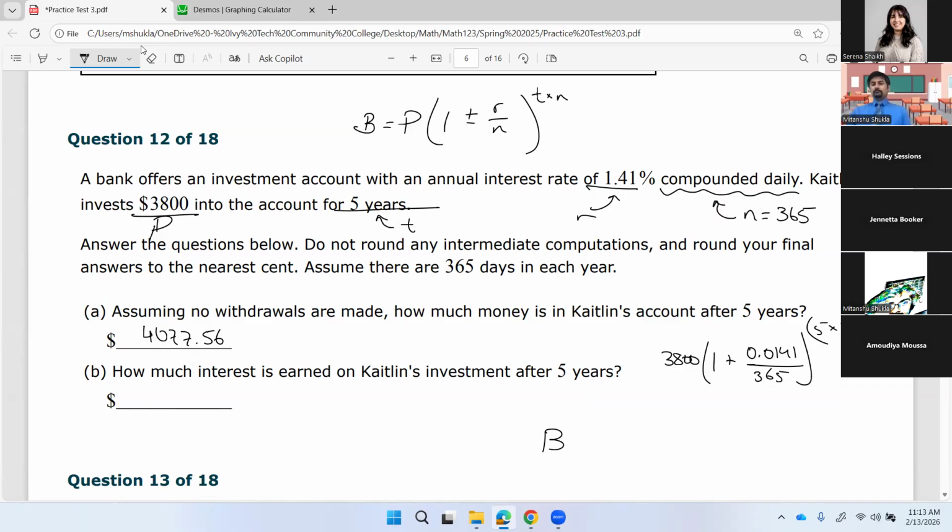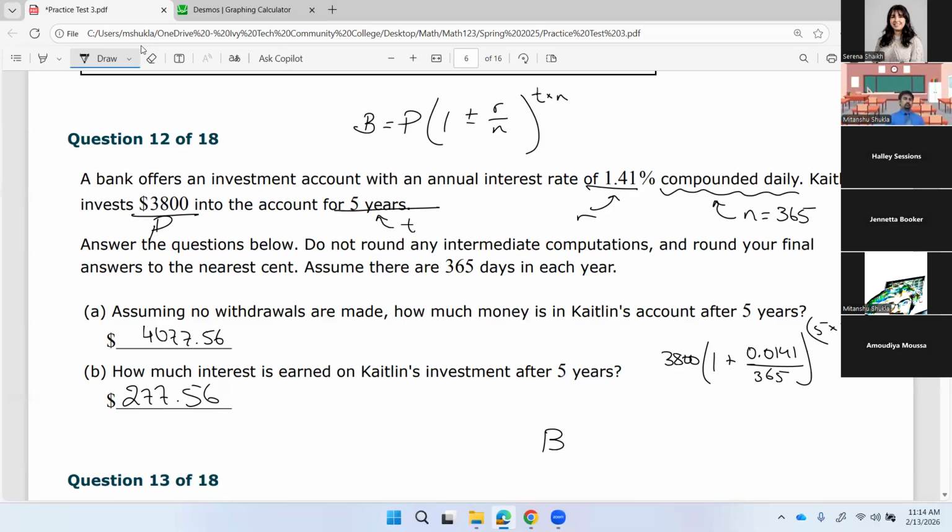So it should be $277.56 is how much interest is earned in that 5 years. Okay. Any questions? Any comments? Any concerns? Did I go too fast?